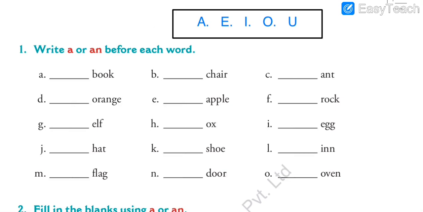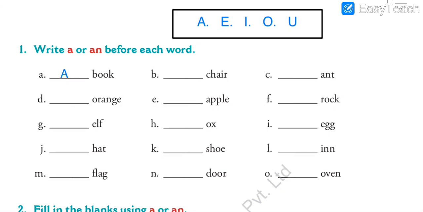If B is not a vowel, what do we write here in the blank? A, correct? If it is a vowel, we write N. If it is not a vowel, we write A, correct? So the word book starts with B and B is not a vowel, so we will not write N, we will write A, correct? Because B is a consonant.